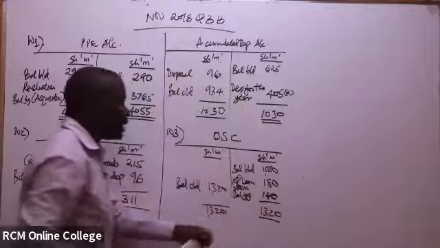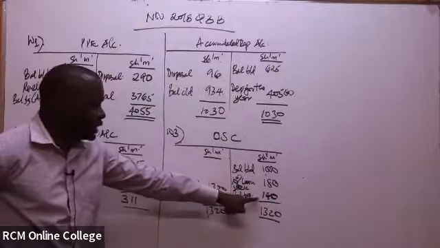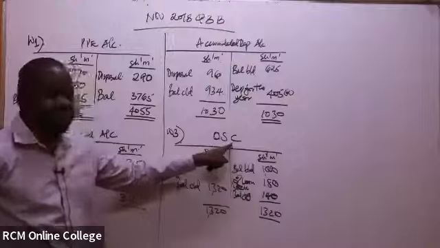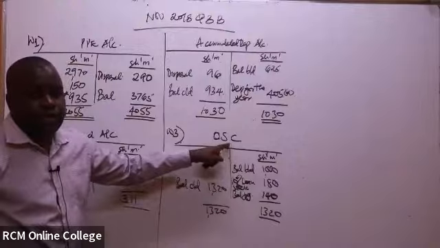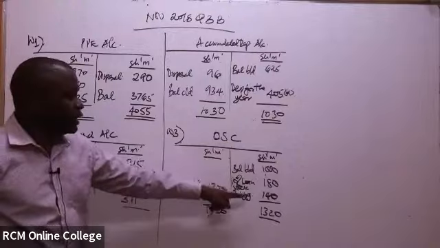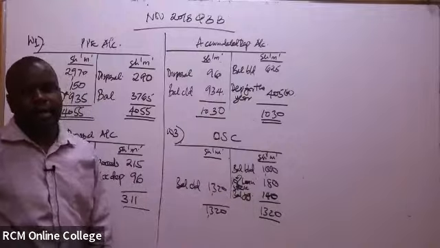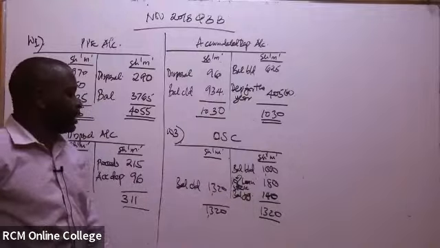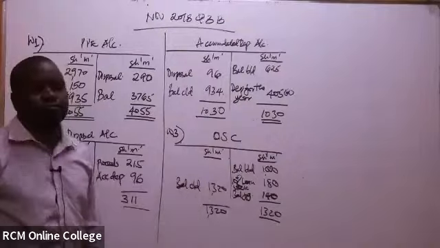So this 140 is the extra cash they got in terms of ordinary share capital. That balancing figure. So that by the end of the year, they had 1320.